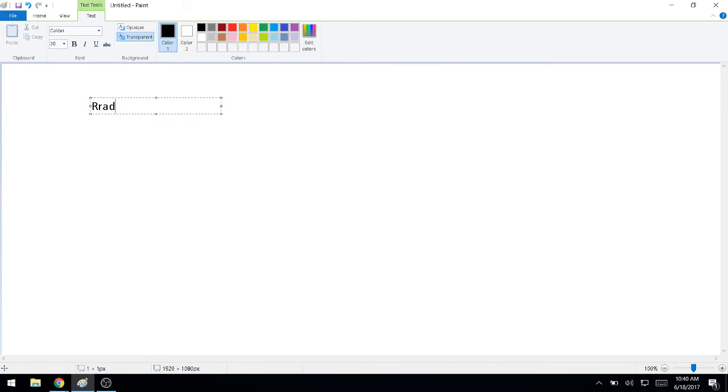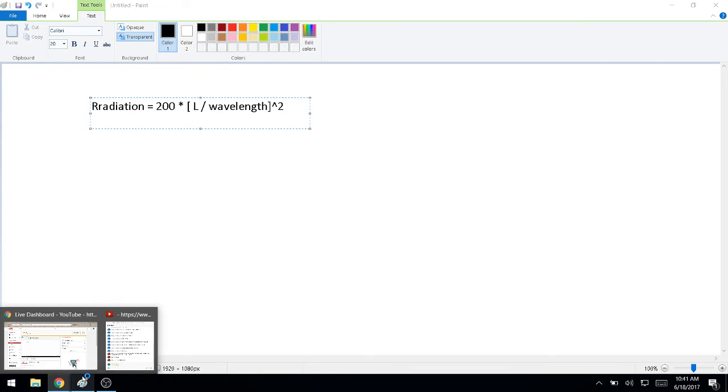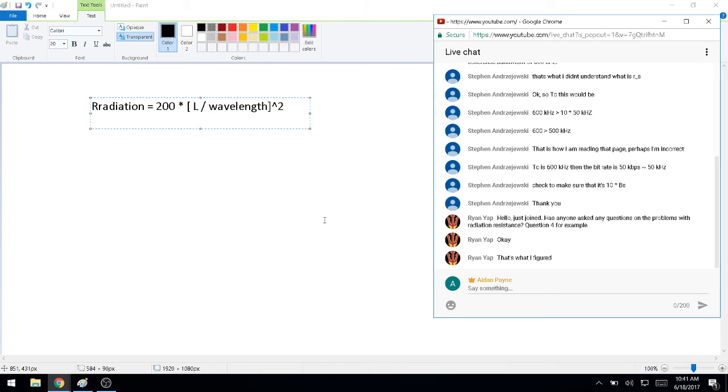The formula for this question, radiation resistance for a short dipole antenna, is 200 times length divided by wavelength, quantity squared. That's what we're looking at for the short dipole antenna radiation resistance.